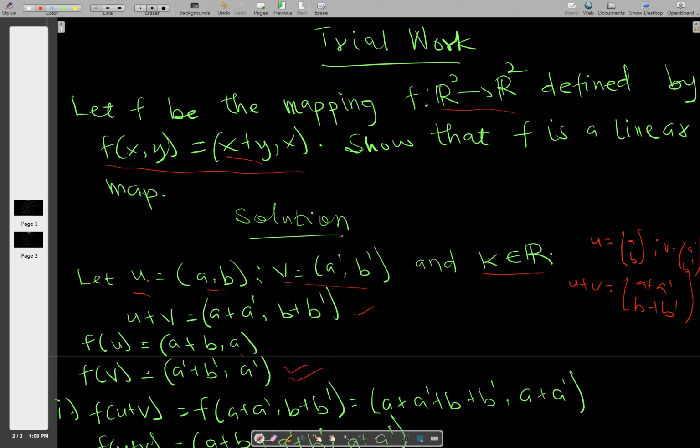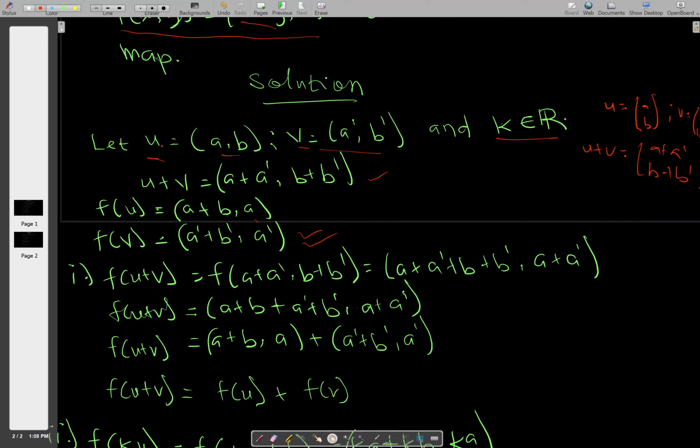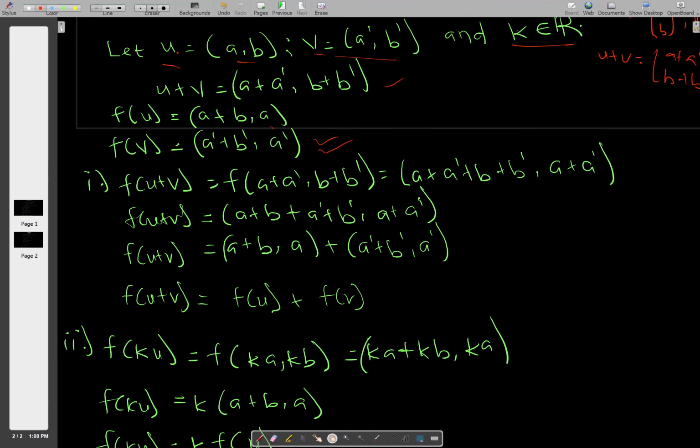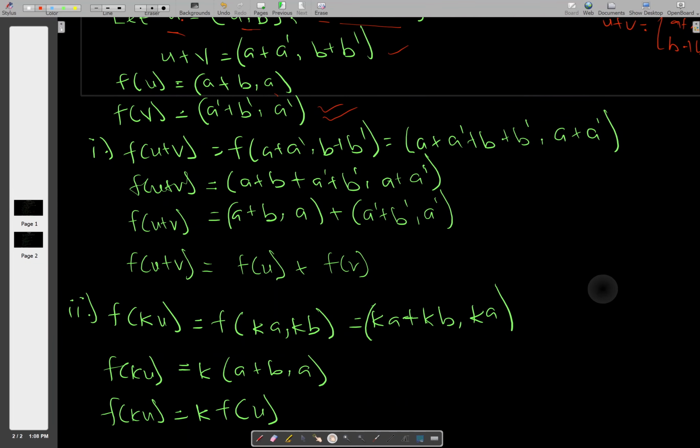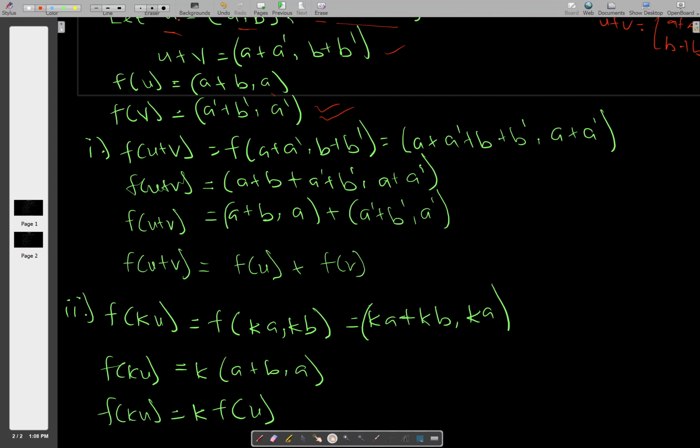Okay. So now let's look at the first condition, that's vector addition. We are given two vectors, u and v. We chose two vectors, u and v, right? So the sum is u plus v. Then when we perform the operator f on it, we have f of u plus v.